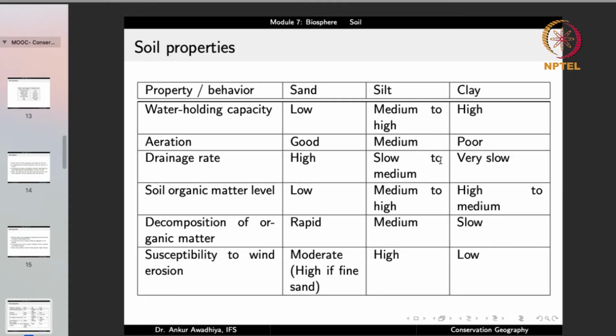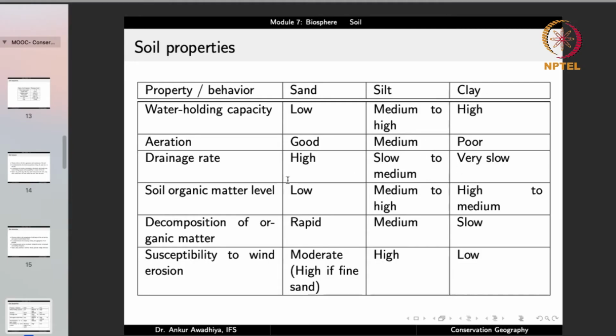Silt will be in between. Drainage rate, again a very similar thing. How fast does water move through the soil? If it is comprised mostly of sand or comprised of structures that have large sized aggregates, then you have a high drainage rate. In the case of clay, it has a poor drainage rate.